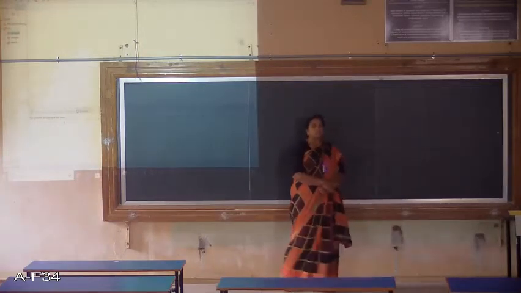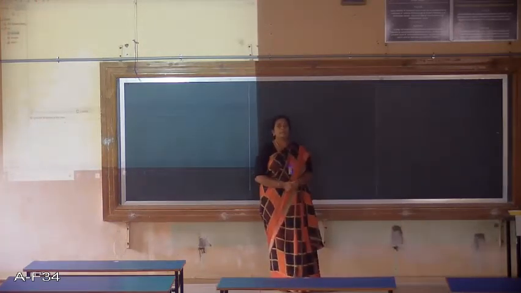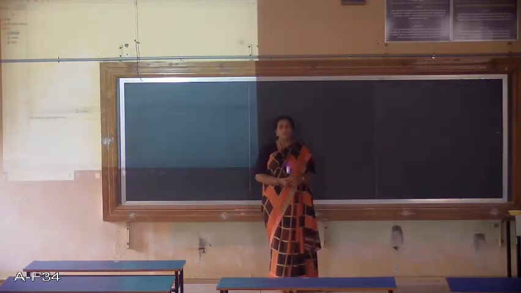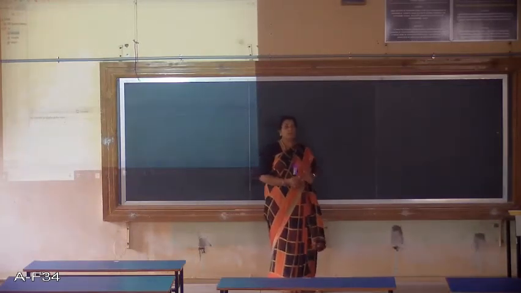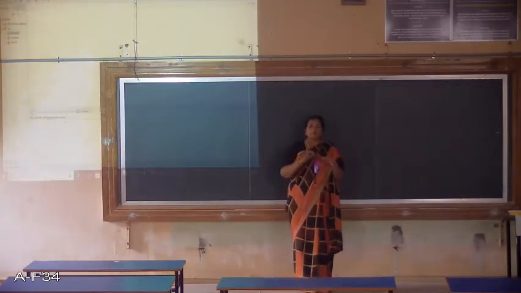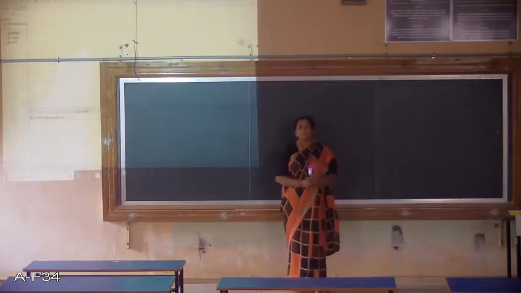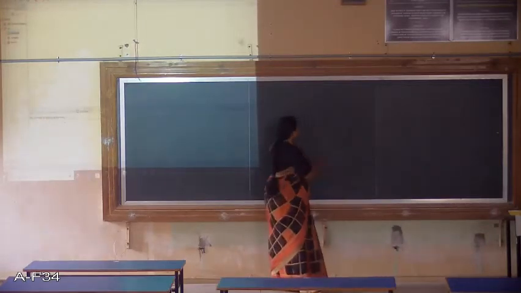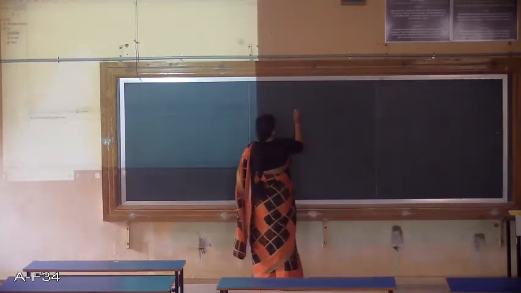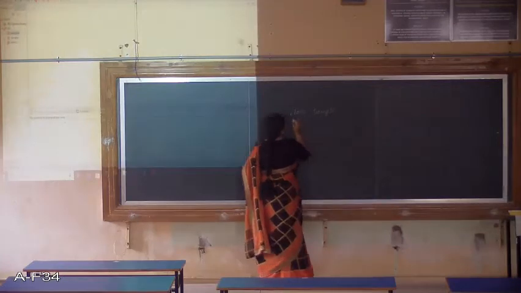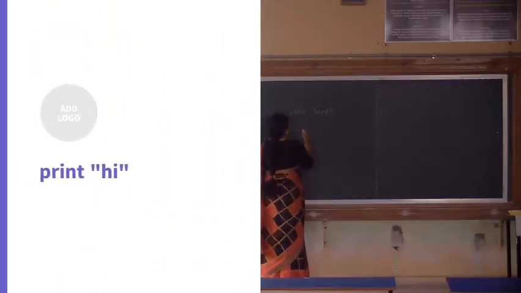Consider that we have a program. Everything in our code, the execution of all the code is done by our main thread. So we talked about the main thread in the previous lecture. For example, I have a class, let's say class sample, and I would like to print hi over here.